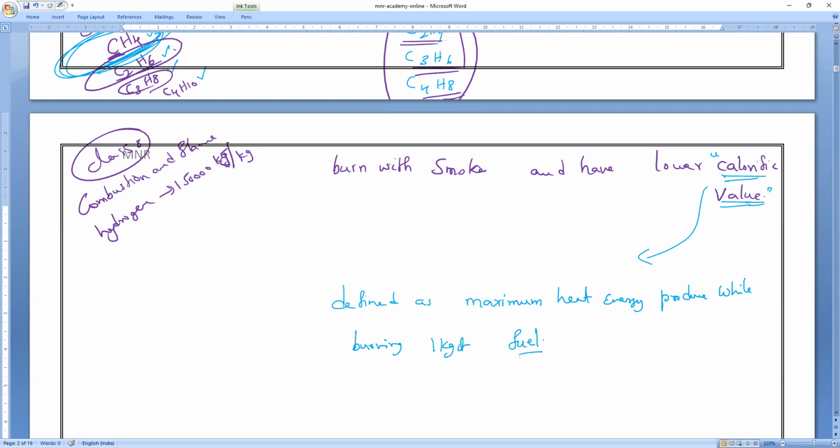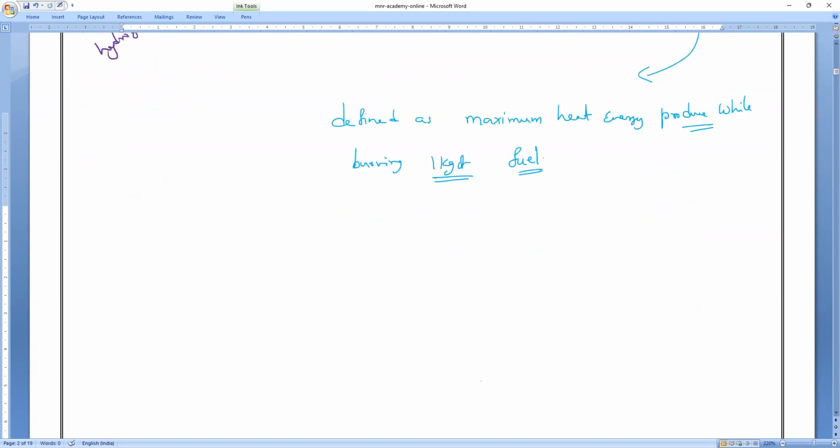Any fuel it is, wood, cow dung, petrol, diesel, hydrogen, whatever it is. If you burn 1 kg of any fuel, the maximum heat energy produced per burning of 1 kg of fuel, that is what we call calorific value.